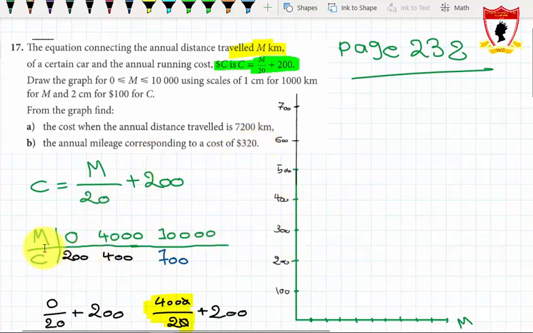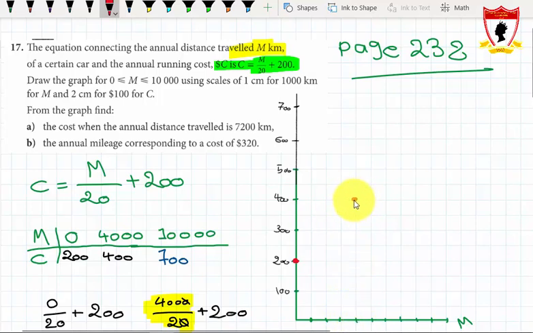Okay, now the first point we have is (0, 200). 0 in m is right here, 200 is there. So this is the first point, (0, 200). The second point is (4,000, 400). Where is 4,000? Each marker represents 1,000, then 1,000, 2,000, 3,000, 4,000 going to 400.